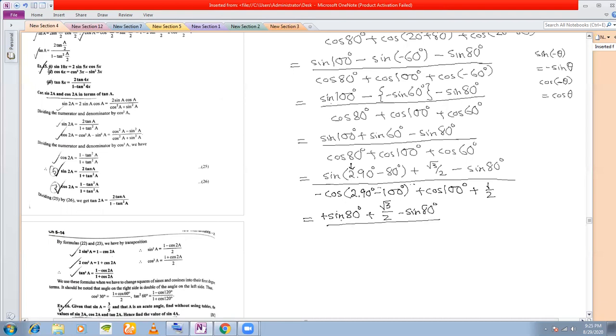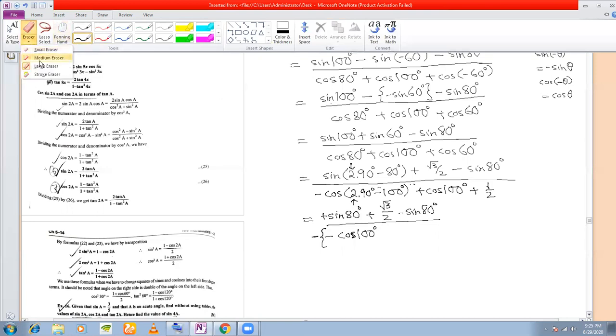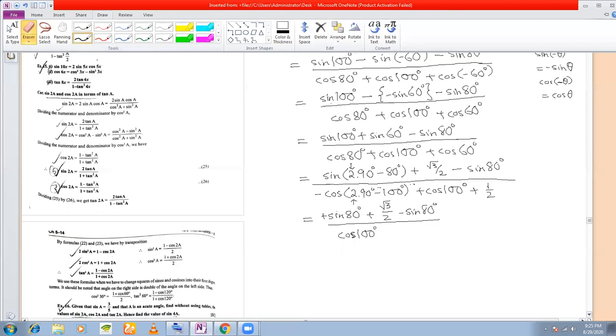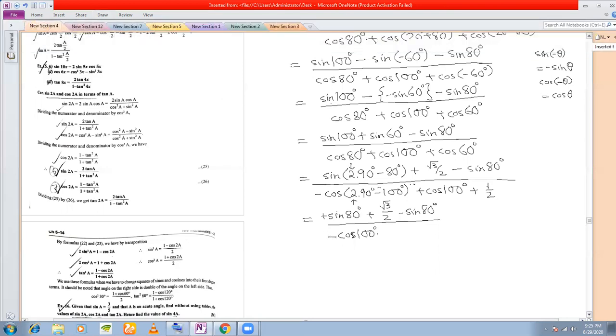Divided by, now this is minus cos 100 degree, because this is in the second quadrant, and as an even multiple, cos remains cos, and in the second quadrant you have a negative sign, so minus cos 100. No, this should be a single minus sign.